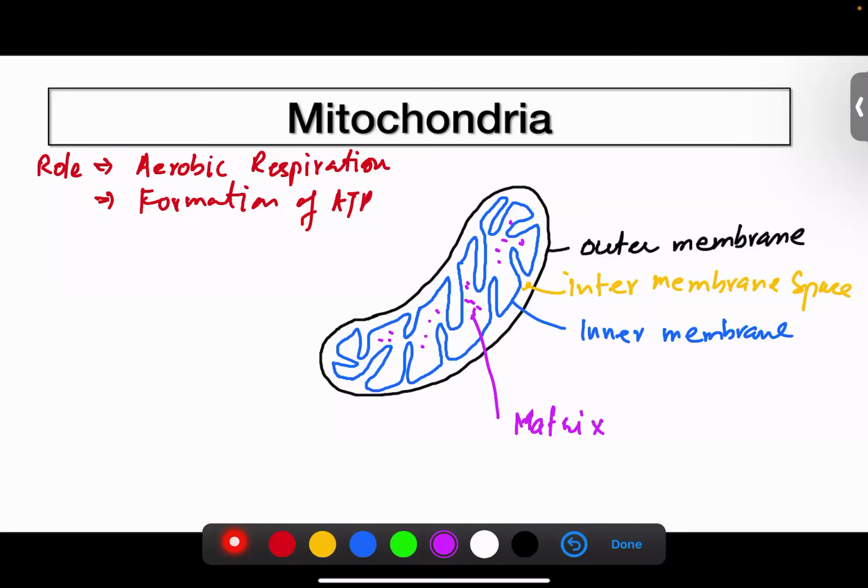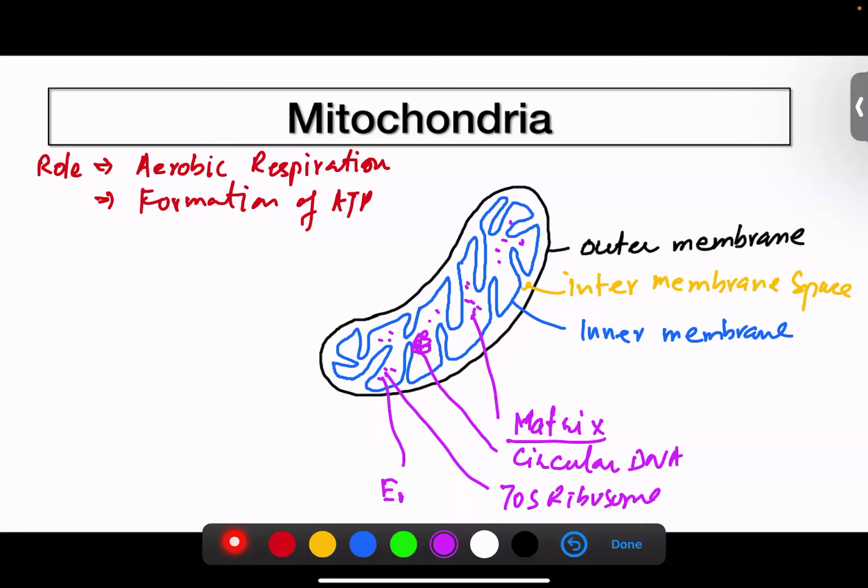This mitochondrial matrix contains circular DNA, it contains 70S ribosomes, and it also contains enzymes for stages of aerobic respiration.